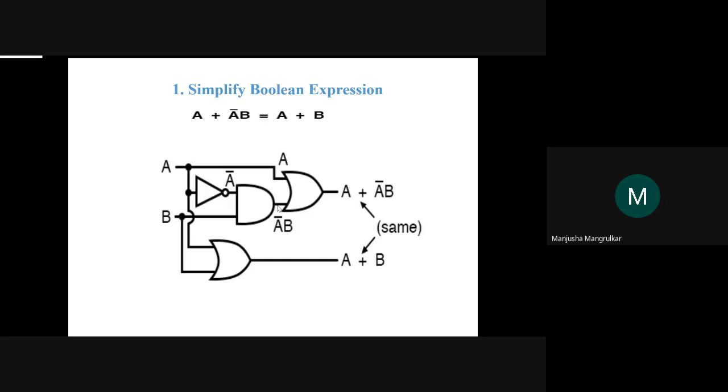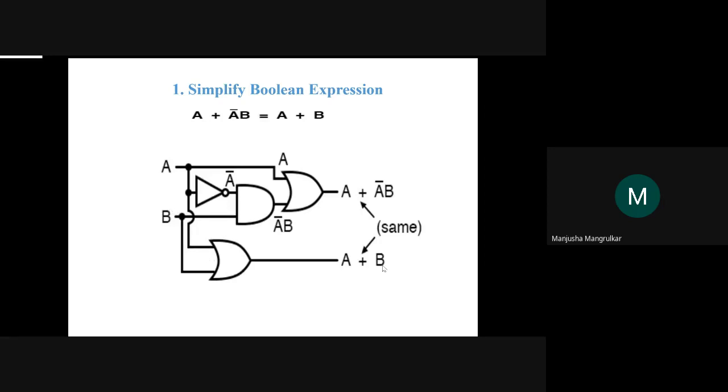At this point we get A complement B. At this point is A, and we use the OR gate here. So our output is A or A complement and B. Now the same for A or B. We want to see whether these two are equal. This is A, this is B, ORed to give A or B.